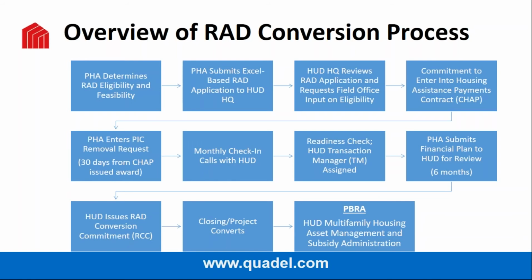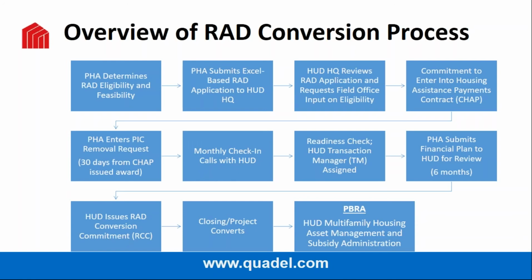So PHAs and owners are not necessarily locked into the subsidy contract type initially identified in their RAD application. They do have the ability to change their minds. However, they only have 60 days upon receipt of that CHAP to confirm their decision to convert to RAD-PBV or RAD-PBRA.